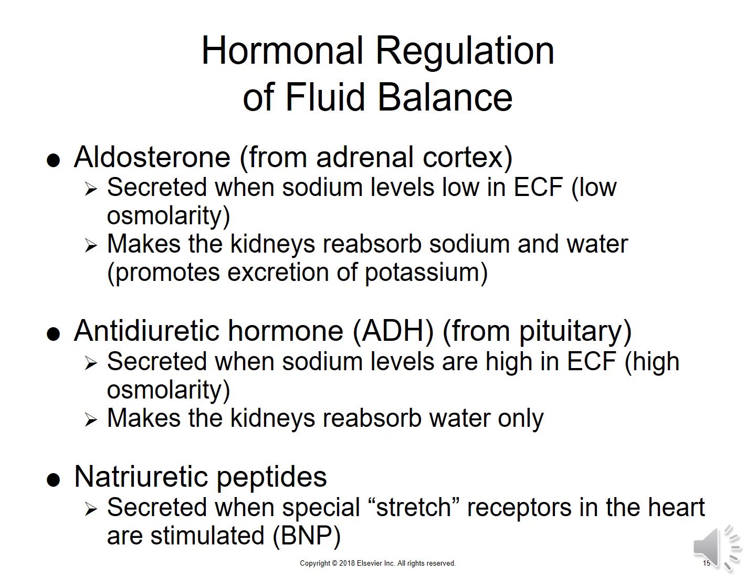So what disease process would stretch the receptors in the heart, or would stretch the heart enough that these stretch receptors would respond? How about congestive heart failure? Isn't that hypertrophy of the heart, either the left or the right side of the heart or both? Yes, so that brain natriuretic peptide is what measures that.